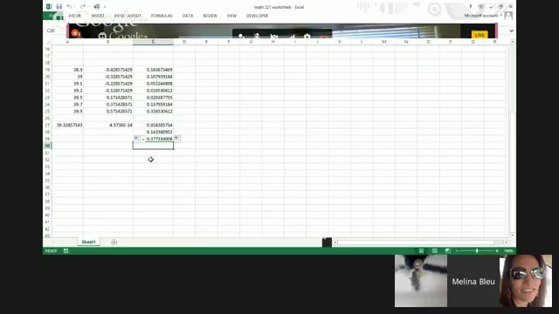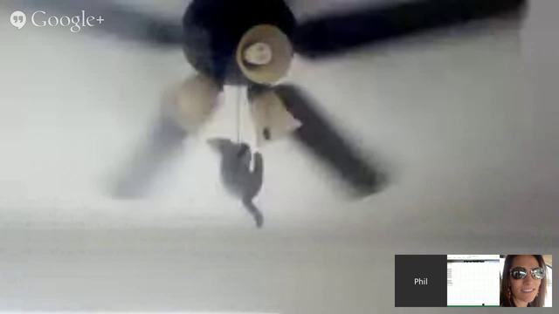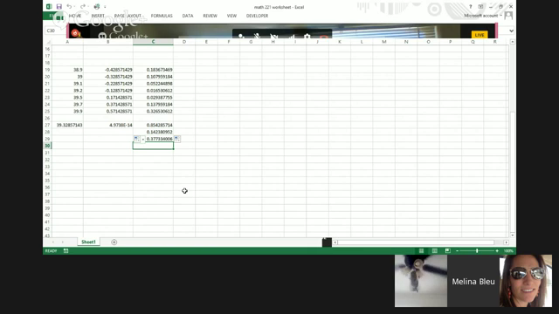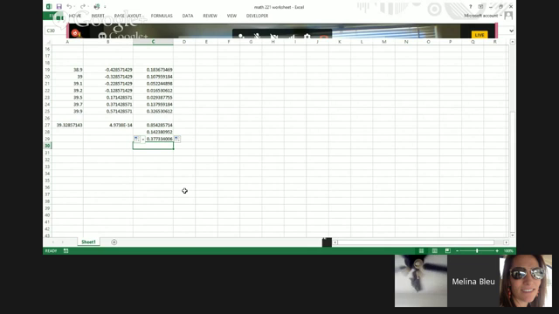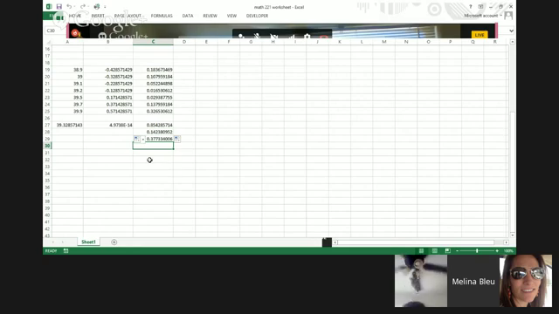So this is equals square root of this number, and that's the answer. So this is the standard deviation, 0.377334006.